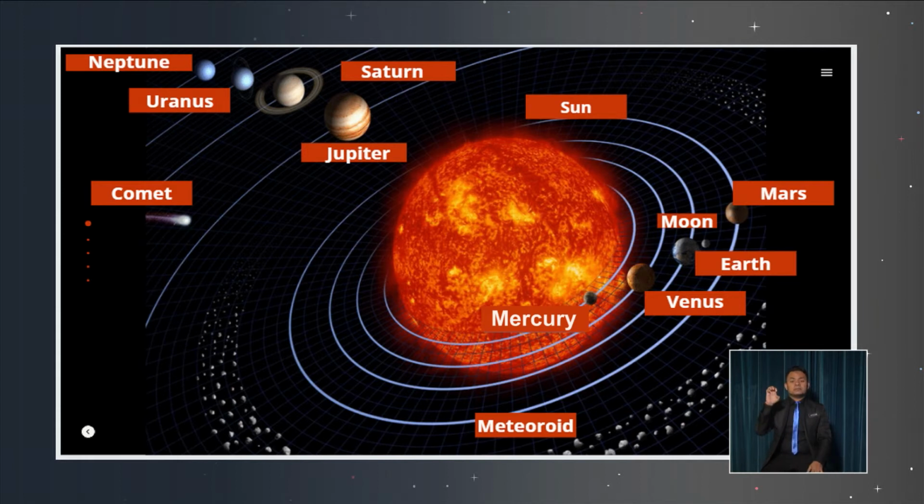What are the planets in the solar system? Yes, excellent. They are Uranus, Neptune, Saturn, Mars, Jupiter, Mercury, Earth, and Venus. Can you state the sequence of the planets in the solar system, starting from the one nearest to the sun?